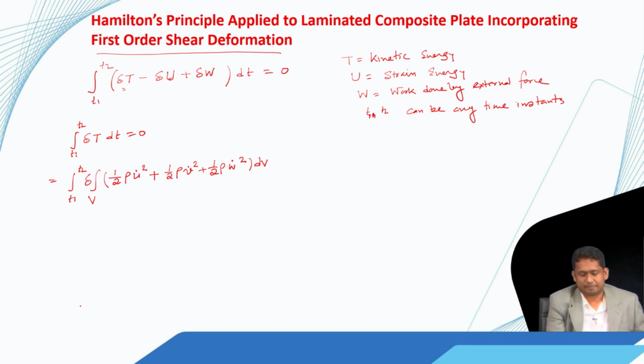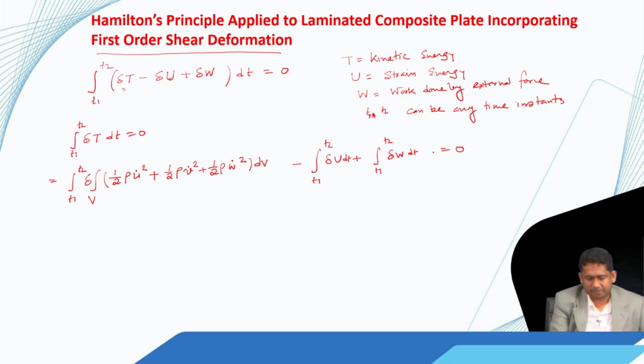So, it is delta T, and let us keep the rest of the terms as they are: minus the integral from T1 to T2 of delta U, plus the integral from T1 to T2 of delta W dt, and everything is 0.